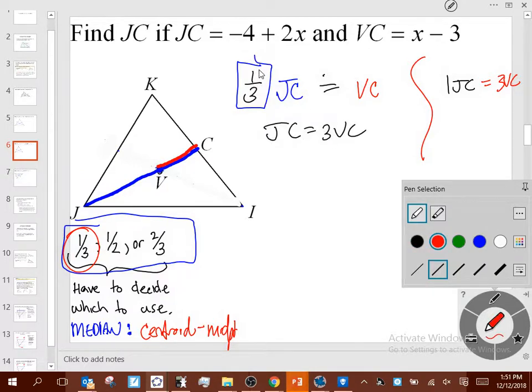Okay? So that's what I suggest doing when you write your equation. If you have fractions in your equation, go ahead and multiply by that denominator to get rid of fractions before you start substituting. Okay? Now, some people are going to want to jump straight to just writing the equation out and not writing the 1/3 JC equals VC.